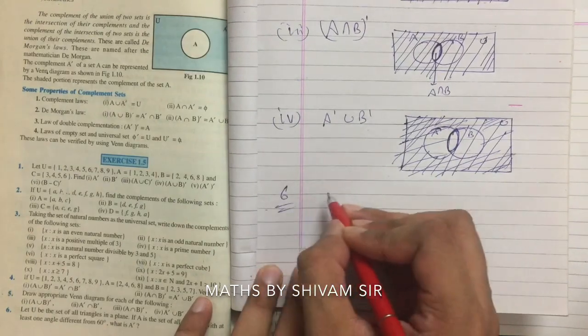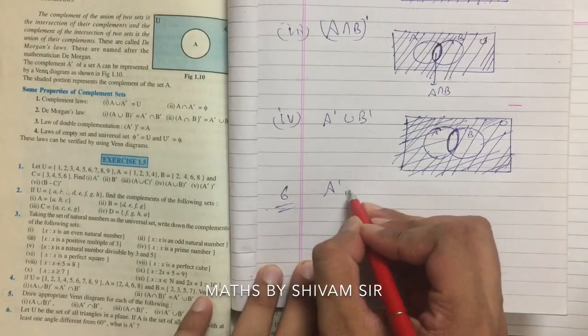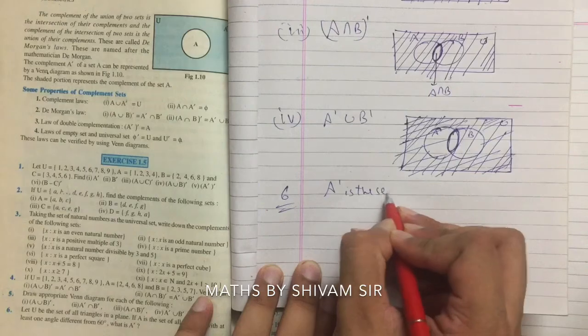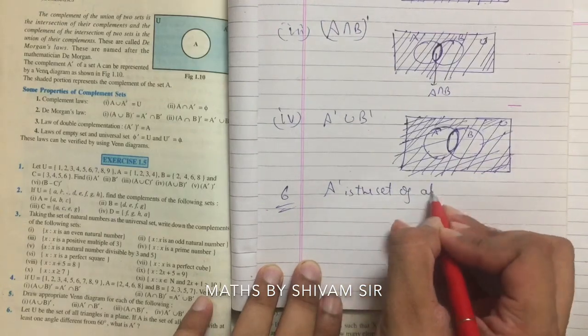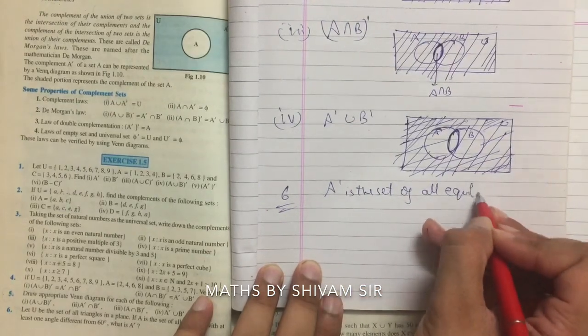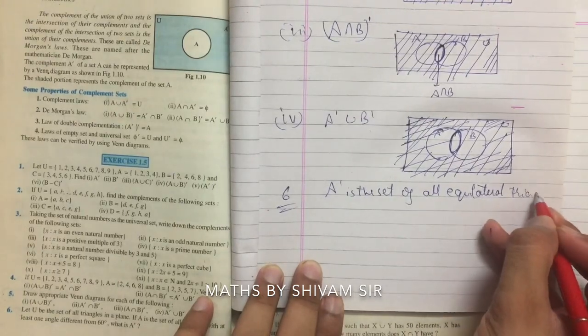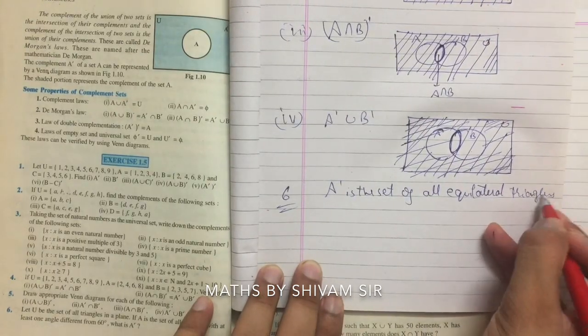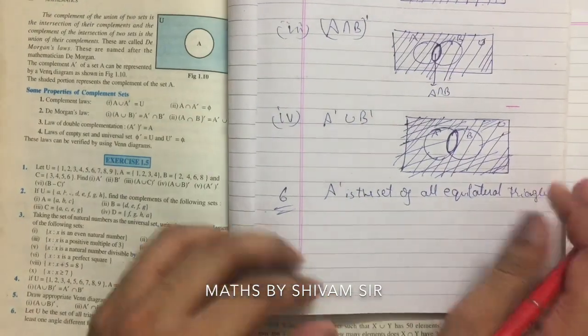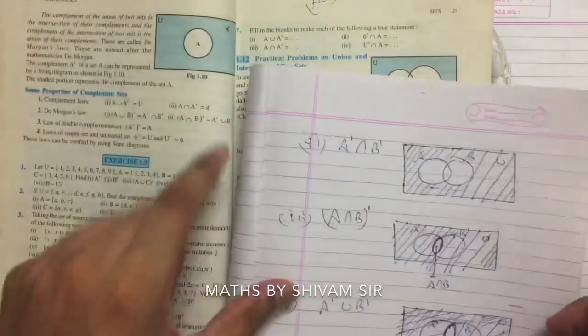So answer number 6 will be: A complement is the set of all equilateral triangles. This is our answer.